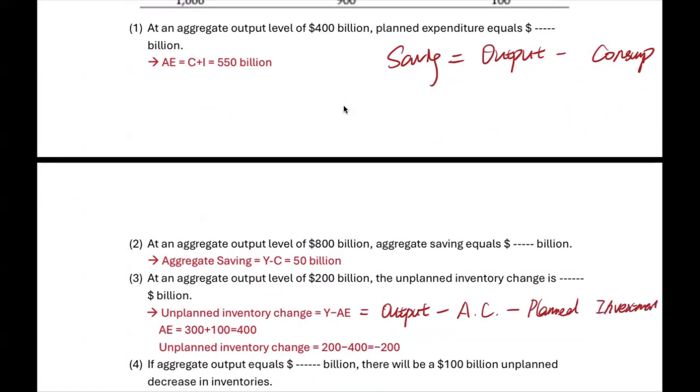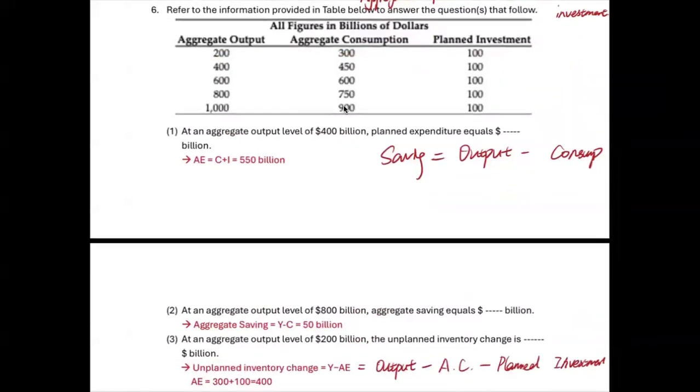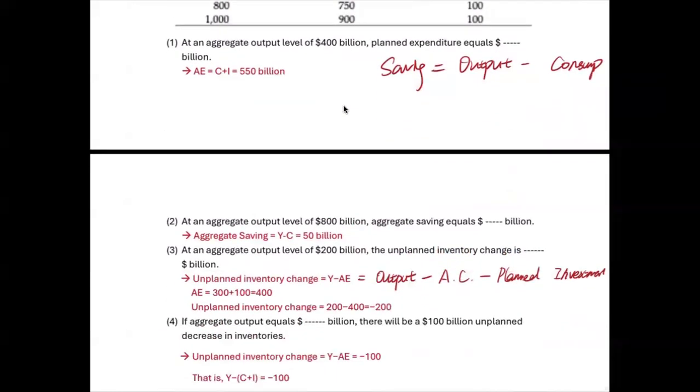So I think after looking at this first row, you will get your answer, because here output is 200, right? The aggregate consumption is 300 and planned investment is 100. So you will get the unplanned inventory change is negative 200. Okay, this is another equation that you need to memorize.